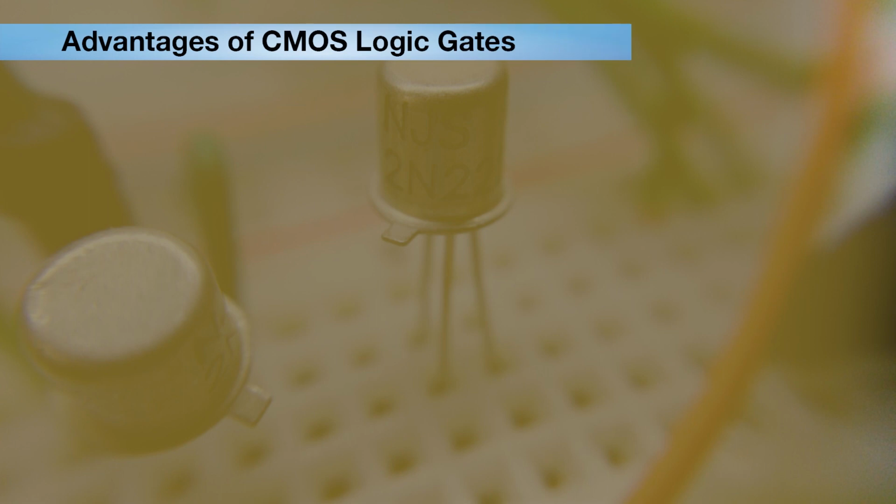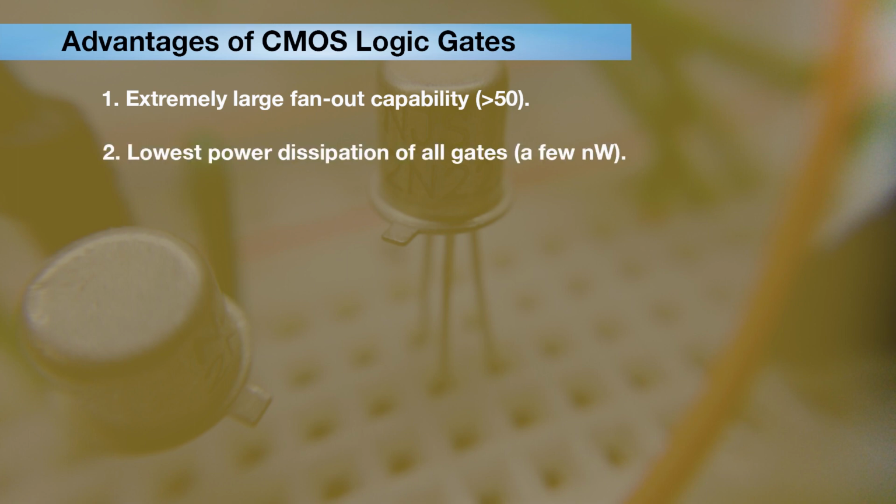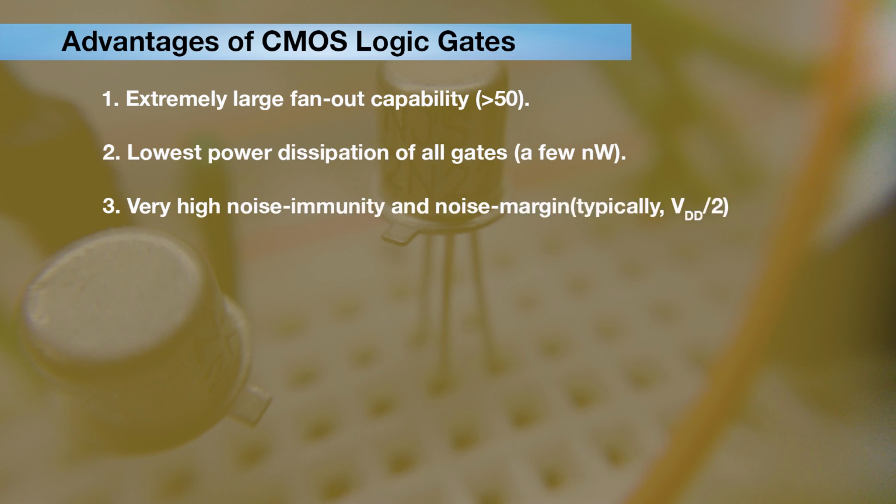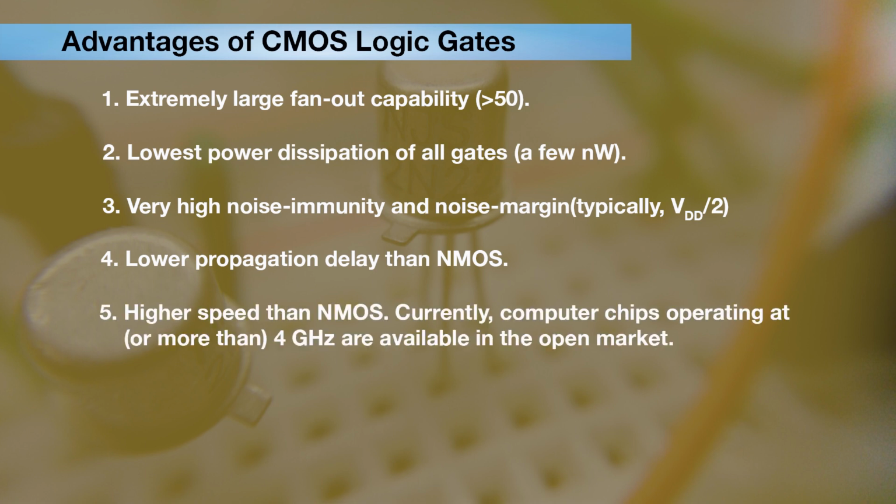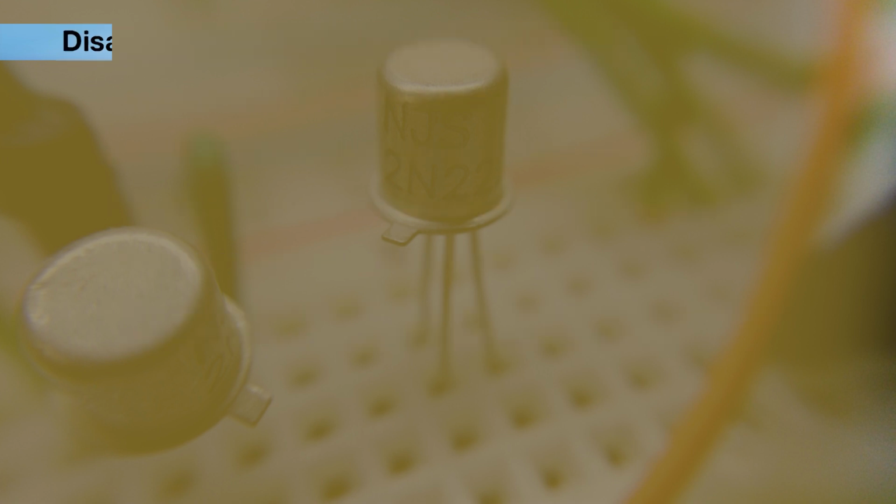Advantages of CMOS logic gate: extremely large fan out capability, lowest power dissipation of gate, very high noise immunity and noise margin, lower propagation delay than NMOS, higher speed than NMOS, and currently computer chips operating at more than 4 GHz are available in the open market.